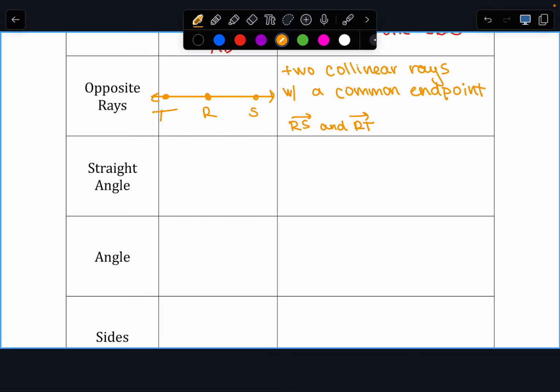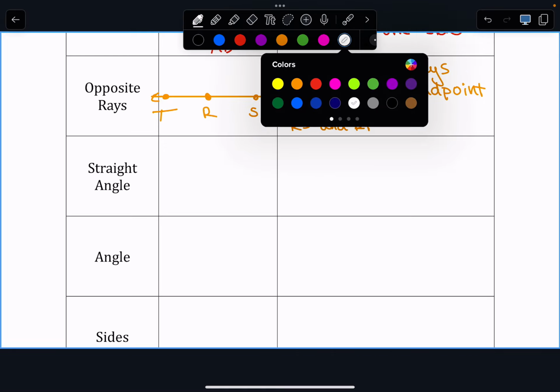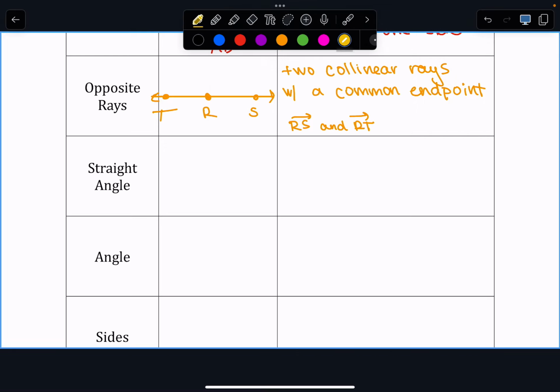Okay. All right. A straight angle is basically what we just drew. It's formed by opposite rays.